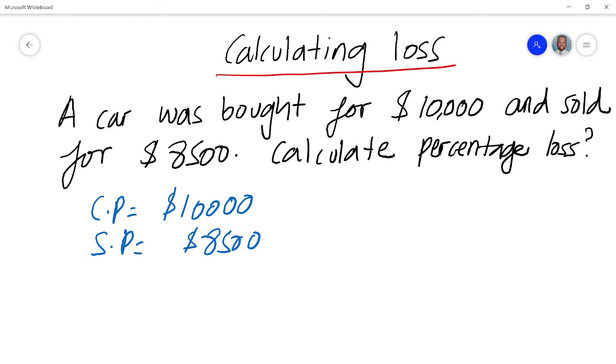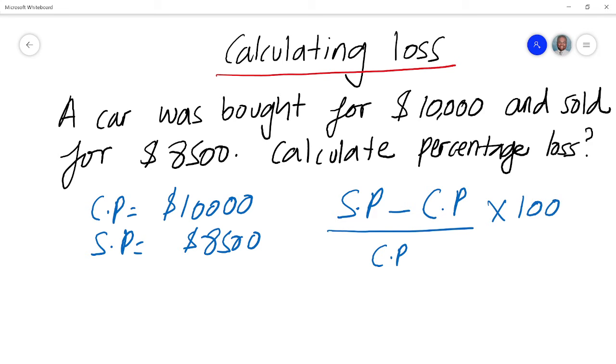The first thing you need to do is subtract 10,000 minus 8,500. There are different ways of explaining this. Some people do SP, your selling price, minus CP, your cost price, over your CP, multiplied by 100.